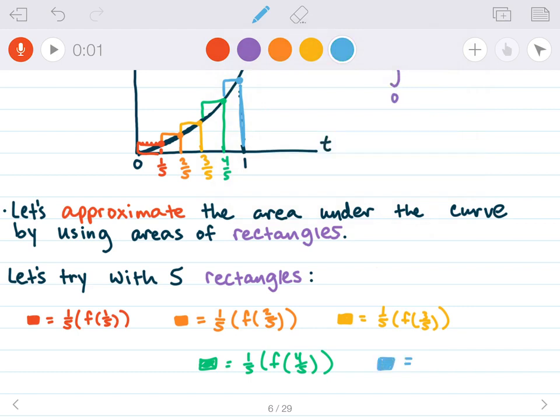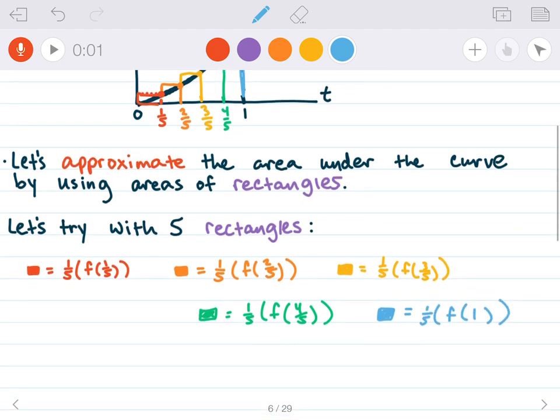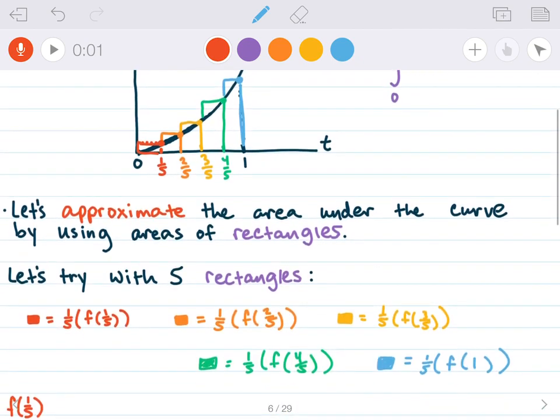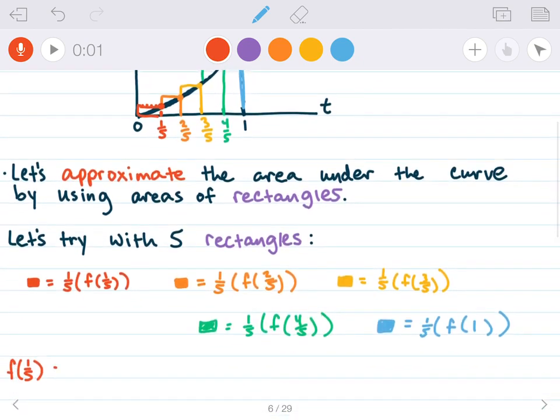So these are all the areas. Our function that we're concerned with is x squared, so the height at x equals 1/5 is 1/5 squared, which is just 1/25.